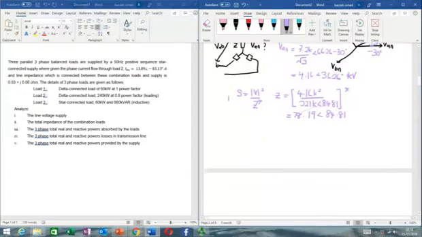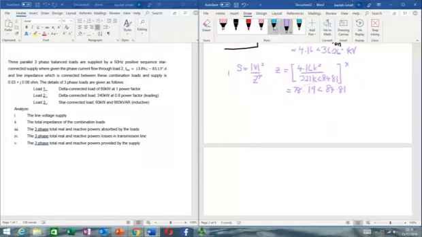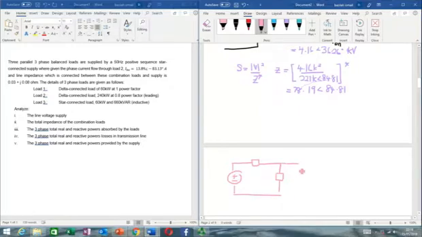Alright, so now we can draw our single phase equivalent circuit. We have a supply voltage, and then the line, and then this is load 1, then load 2, and load 3.